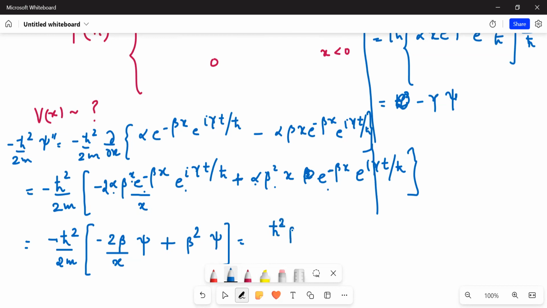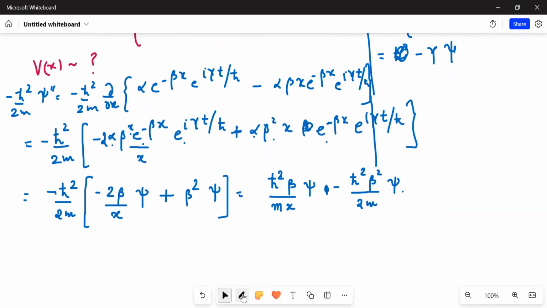Now this is beta divided by m times x, and you have a psi here, minus ħ square beta square divided by twice m, and then you have again psi.